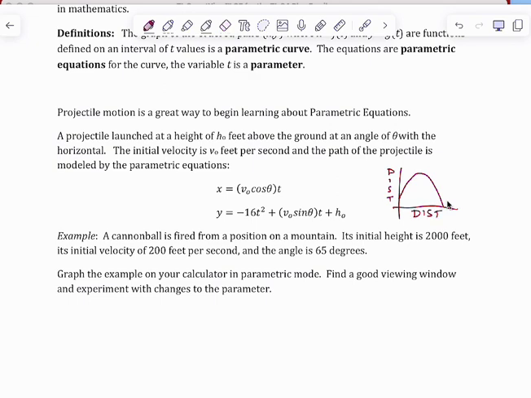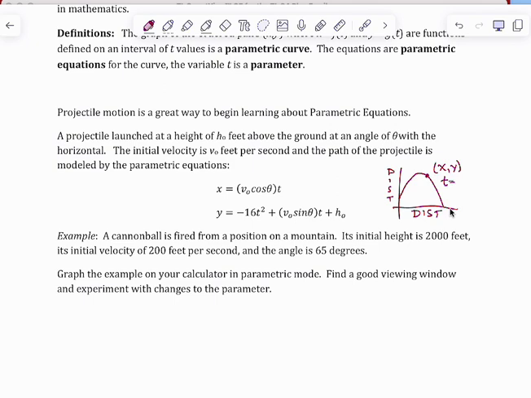both axes are distance. The x-axis is how far horizontally the thing is going, and the y-axis is the height, how high vertically it is, and t is the time, but there's not a t-axis. Every point is going to have an x and a y associated with it, and also a t value.